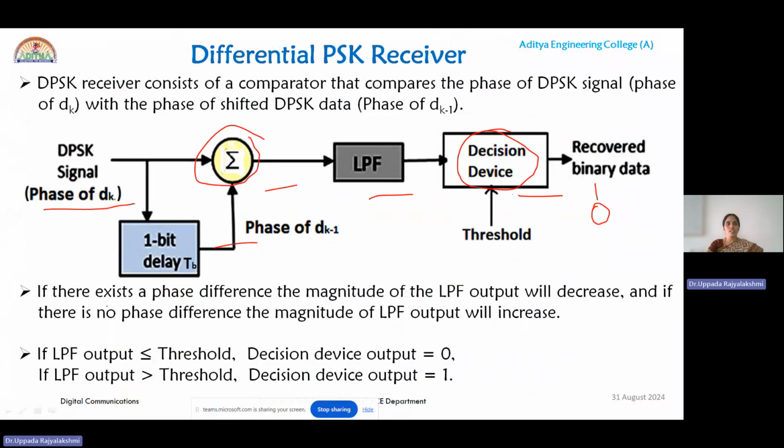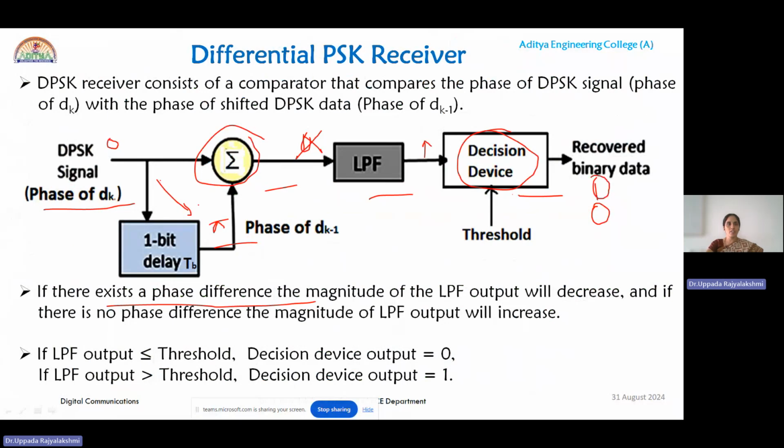For example, if you have a phase difference, here the phase is 0 and here the phase is pi. There exists a phase difference between these two. Then the output data bit is considered as 1, or you can see that the magnitude of the low pass filter output will increase, then the required data bit will be 1.